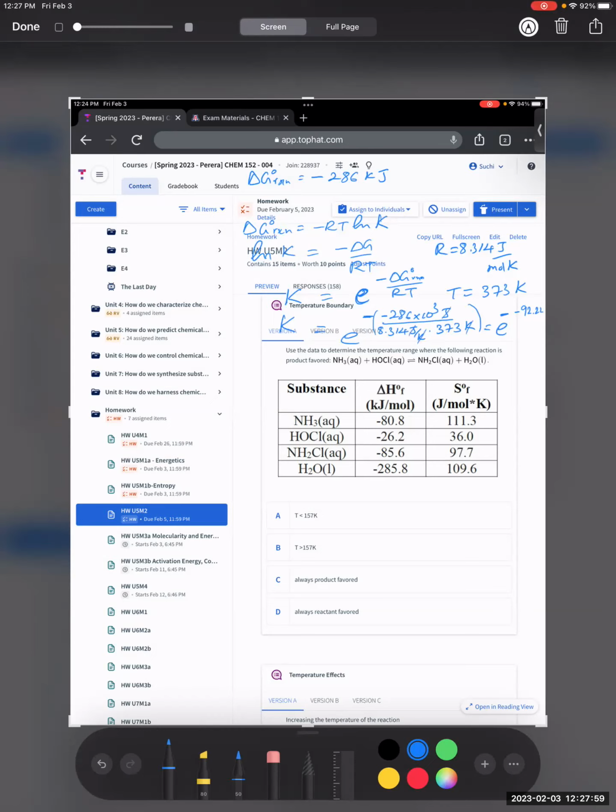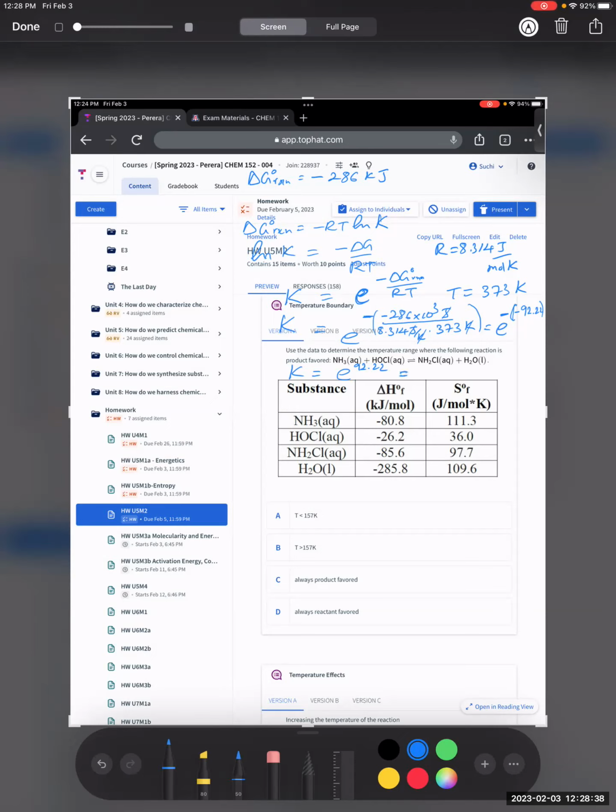Okay, now this is great. In other words, our K value at 100 degrees must be e to the power of 92.22, because minus times minus is positive. And let's see, I'm going to get a huge number here. Exponential of 92.22 is a huge number, I know.